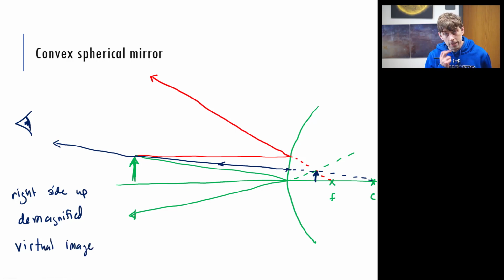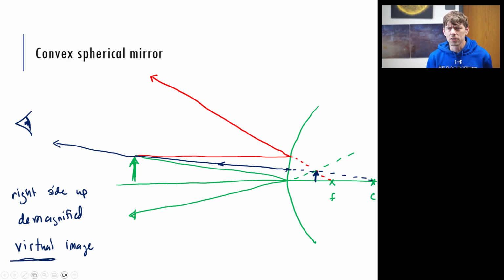That last point comes in because the actual rays never intersect. They only appear to have intersected from someplace else. They seem to have emanated from a common origin. A different way to think about it is if you have to use dashed lines to form your image, then it is virtual.